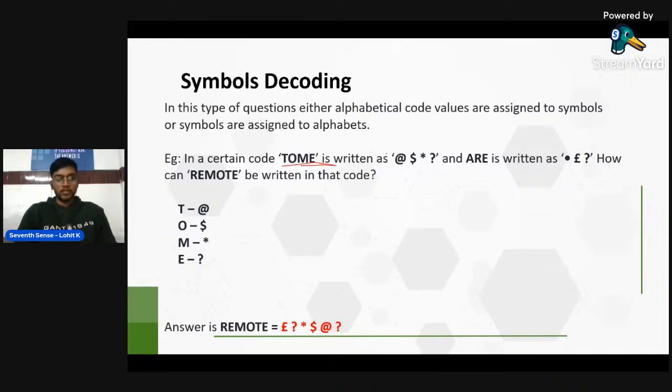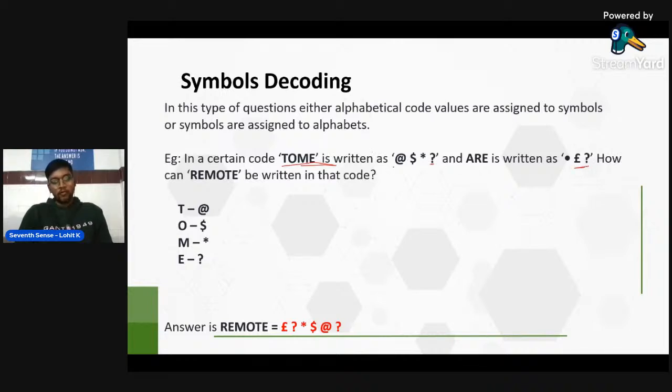As you can see, in Tom, E is there, and in ARE, E is there. Now E and E is common, so check whether their position is the same. Here they have given E as a question mark, and here also a question mark, in the same position. In the fourth position, a question mark is there, and in the third position, a question mark is there.